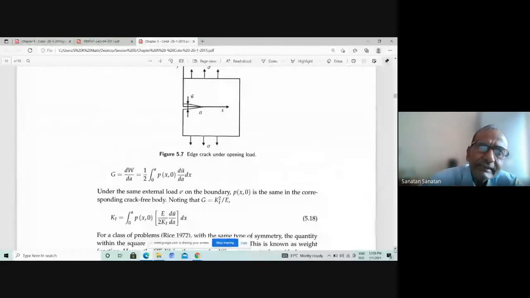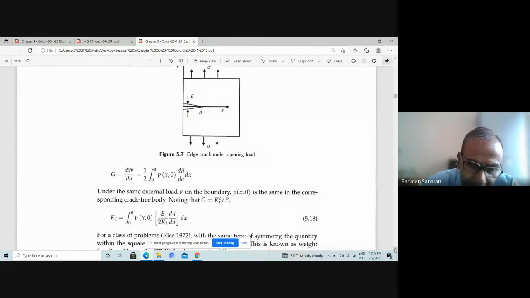So if you have this type of problem, a single edge crack with varieties of loading, whether concentrated loading or bending moment loading, whatever it is, for all those cases this function E by 2K1 du bar dA is going to be a constant. It is called the weight function. It is nothing but the rate of crack opening per unit SIF applied for a class of problem.